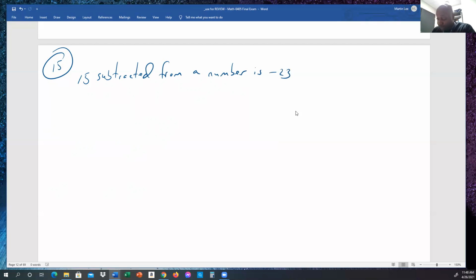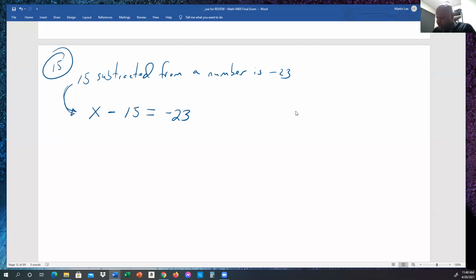Here's how I like to write these problems. 15 subtracted from some number is negative 23. And that's something I've come up with just over years of doing this and teaching and trying to find a good way to teach how to translate from words to an equation.